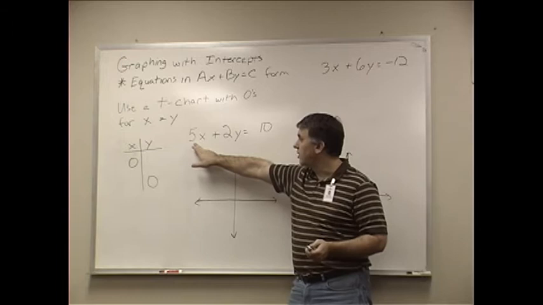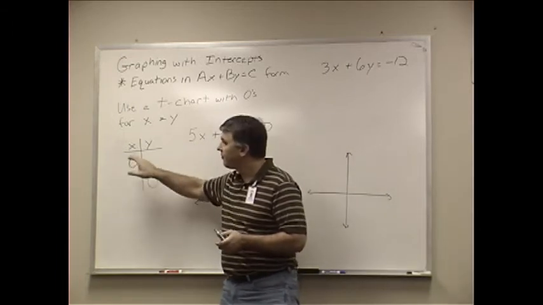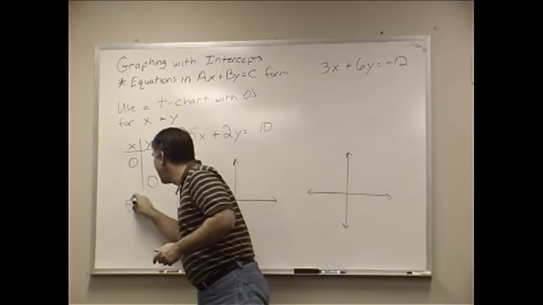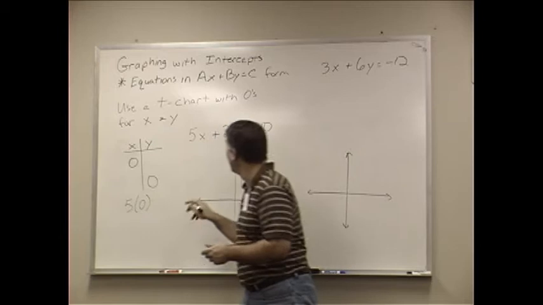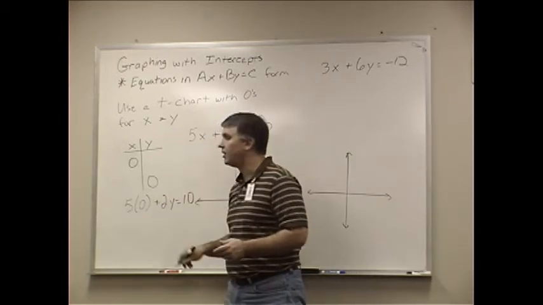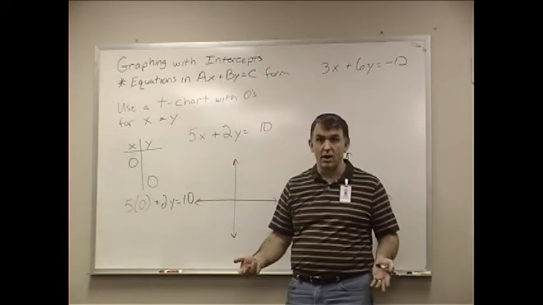Our first equation is 5x plus 2y equals 10. So if you start off by putting in a 0 for the x, you're going to have 5 times 0 plus 2y equals 10. Now, 5 times 0 is 0, isn't it?